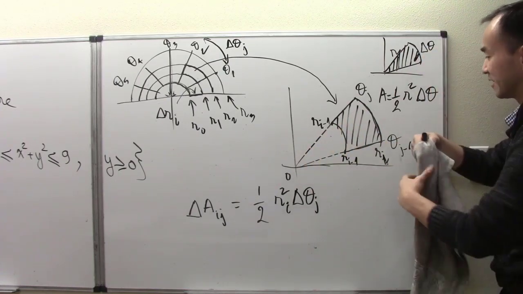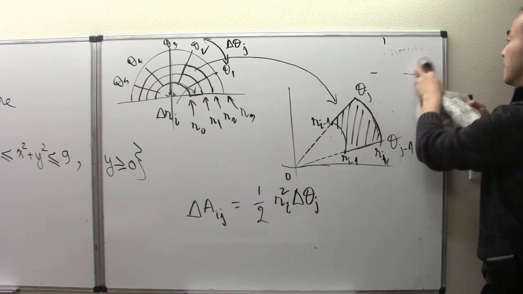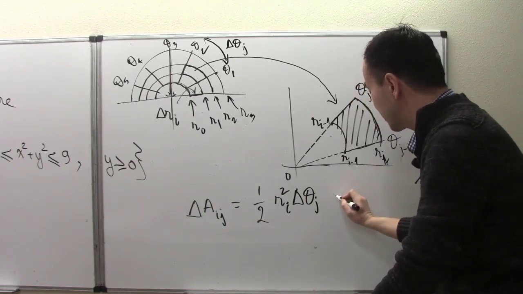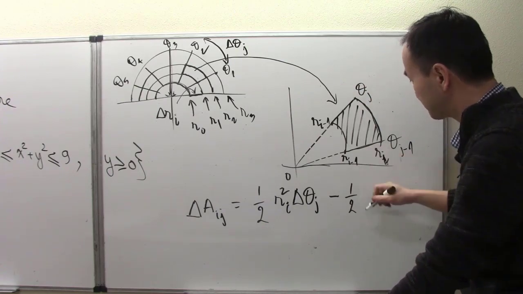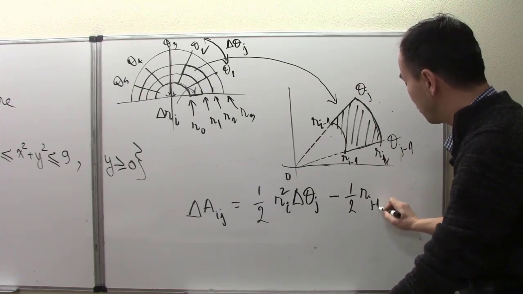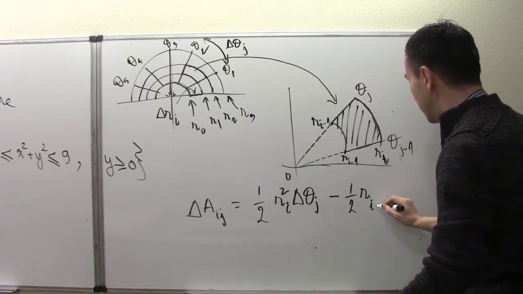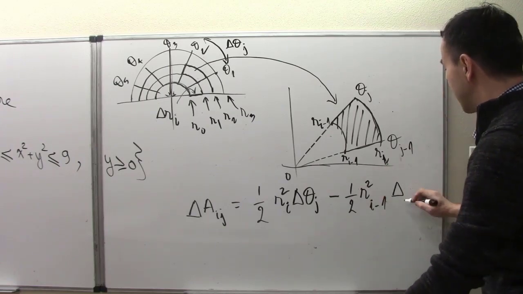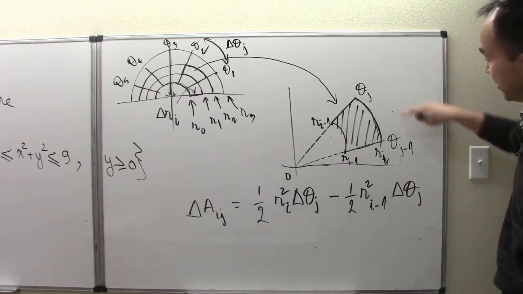My board is getting a little busy. And so I'm going to need to subtract, with the same formula, 1/2 times r sub i minus 1 squared times that delta theta sub j again, the difference between the two angles.